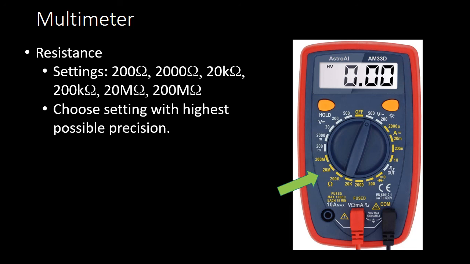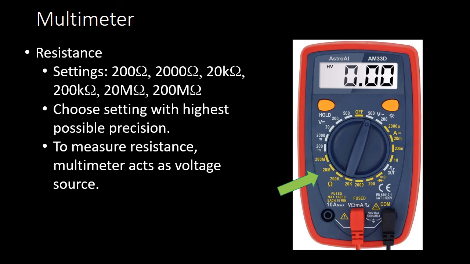So for example, if we're measuring a resistor that is nominally 1,000 ohms, and we'd like to get its exact resistance, then we need to put the setting on 2,000 ohms. We need to choose a setting that's higher than the expected value, but not too much higher. We want to pick the lowest one that's higher, and then that way we'll get the most accurate reading.